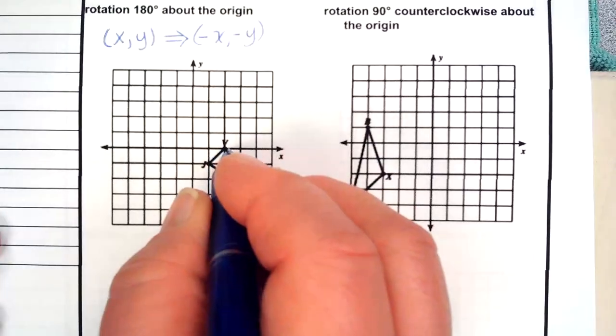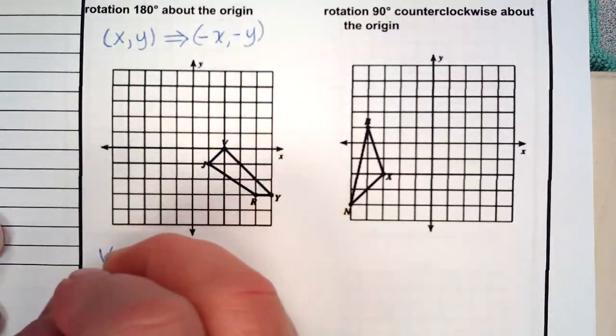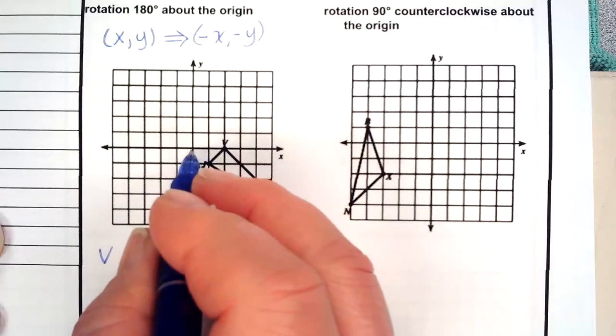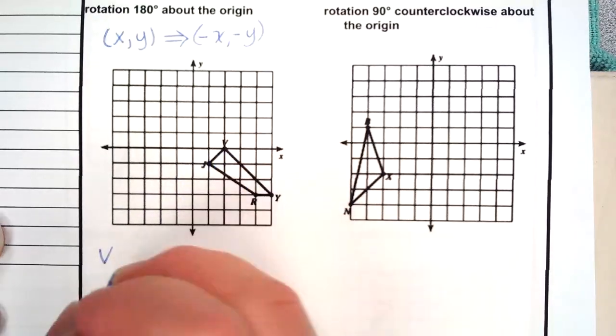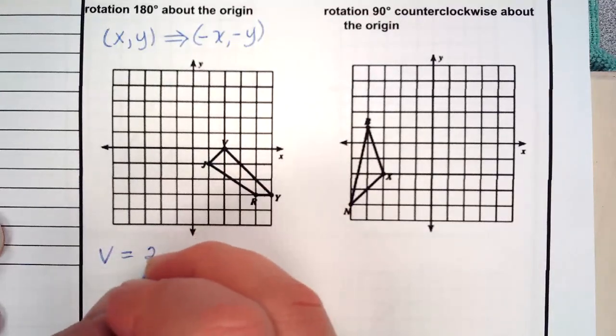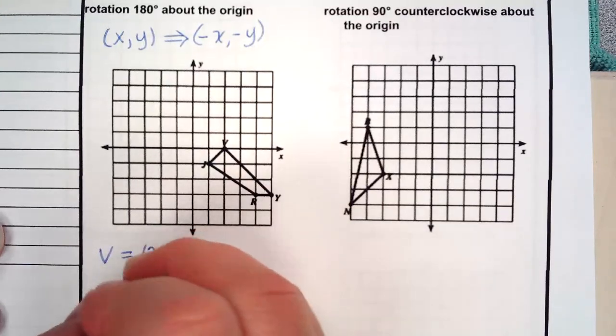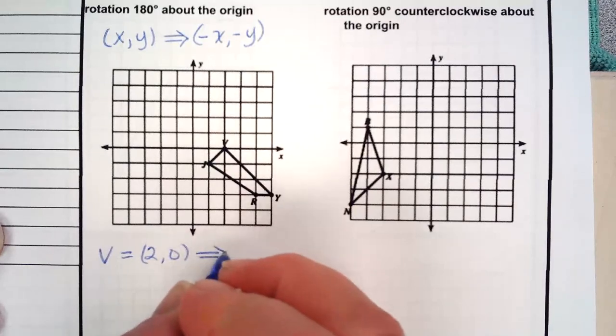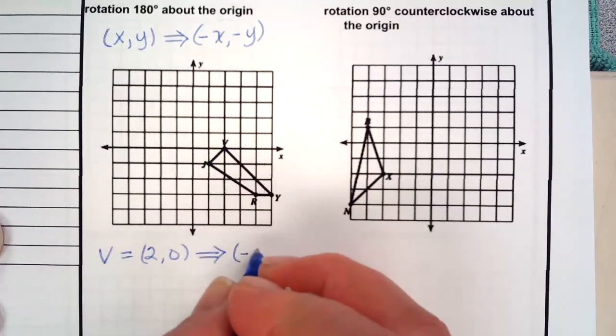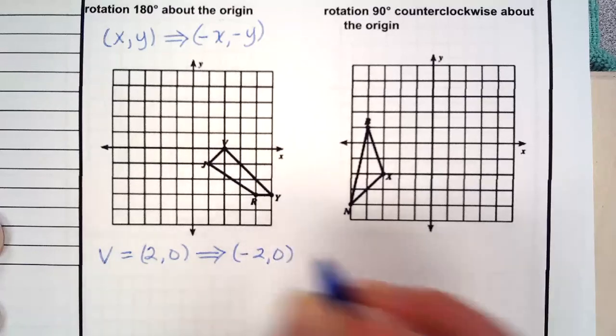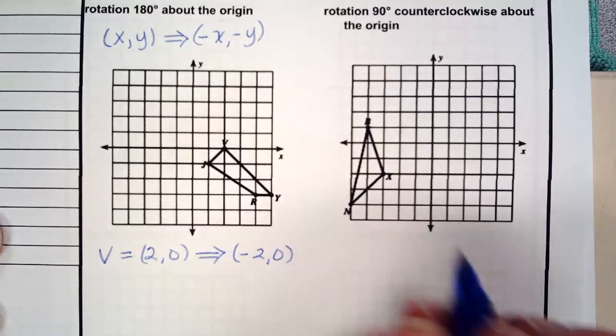The original V is 2, 0. My mapped point will be -2, 0, because 0 does not have an opposite.